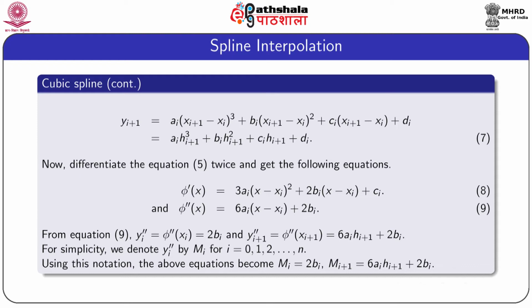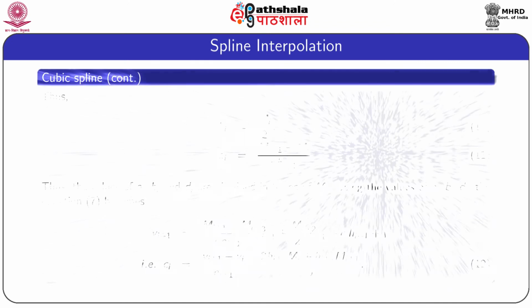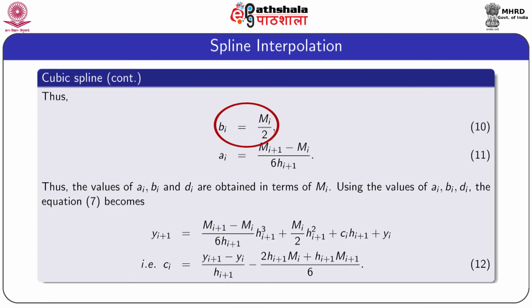Now, for simplicity we denote the second derivative of y at x_i by M_i for all i equal to 0 to n. Thus, we have M_i equal to 2 b_i and M_i+1 equal to 6 a_i h_i+1 plus 2 b_i, or b_i equal to M_i by 2 and a_i equal to (M_i+1 - M_i) by 6 h_i+1.